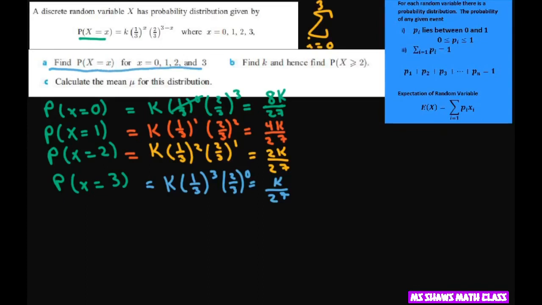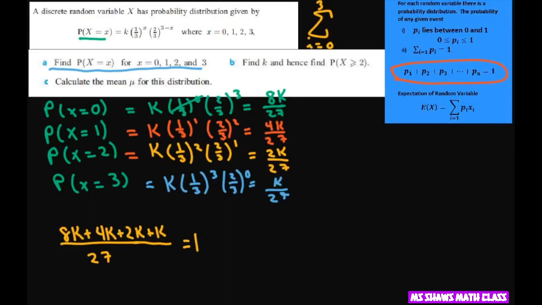Now we have to find k, and all you do is you set all of these equal to 1 and solve for k. So if you look at this, our denominator is 27. So just adding 8k plus 4k plus 2k plus k, and that should equal 1.